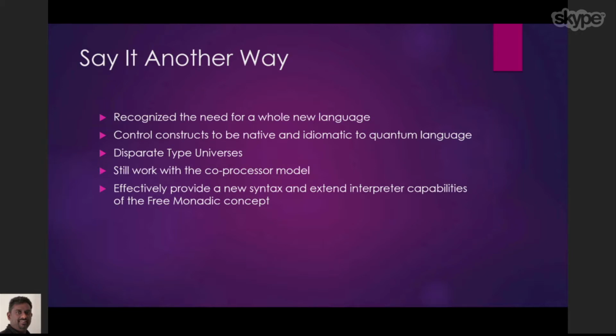So we wanted to have an extra type universe that is only for the quantum device. And we landed up needing to be able to retarget the quantum sequence wherever we wanted to. So it turns out that what we did was we took the free interpreter and gave it some steroids. And a free interpreter on steroids is really a compiler.